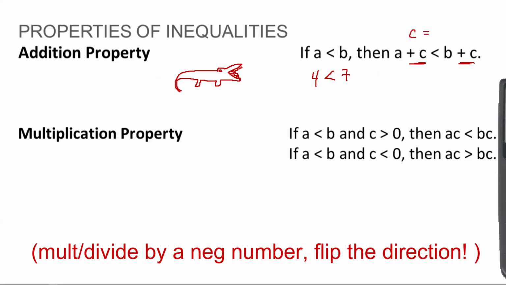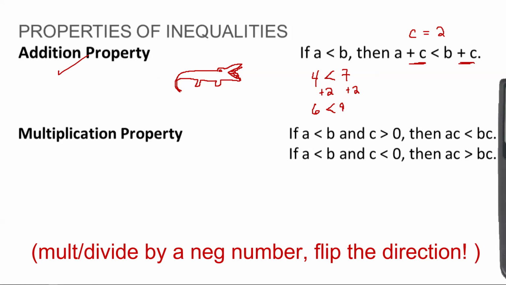Let's let C be equal to 2. So when I come in here and add 2 to both sides, 4 plus 2 would be 6, 7 plus 2 would be 9, and you can see that the thing is still that way. 6 is less than 9. Okay, that makes perfect sense.